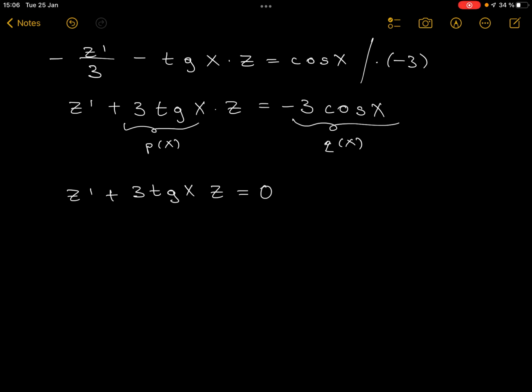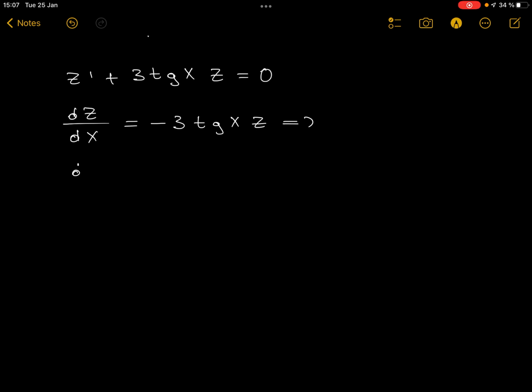We put that q of x is equal to 0, and then we get that dz over dx is equal to negative 3 times tangent x times z, or in other words, we get that dz over z is equal to negative 3 times tangent x dx.